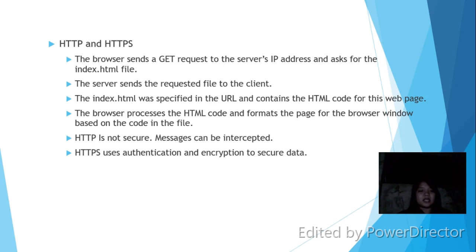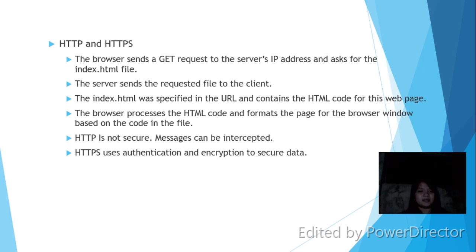HTTP and HTTPS. The browser sends a GET request to the server's IP address and asks for the index.html file. That's what I call the extension. The server sends the requested file to the client. Since the client asks for the information, the server will send the requested file.